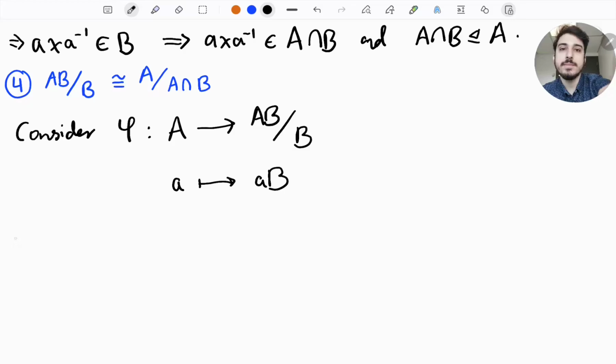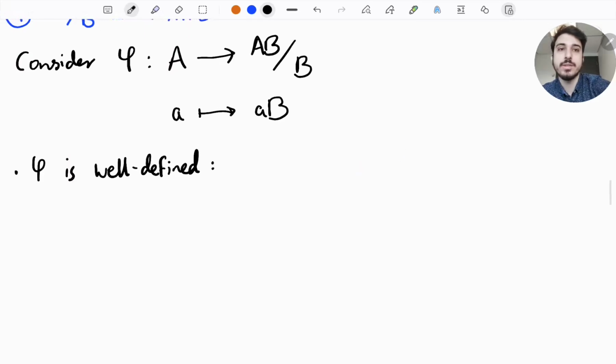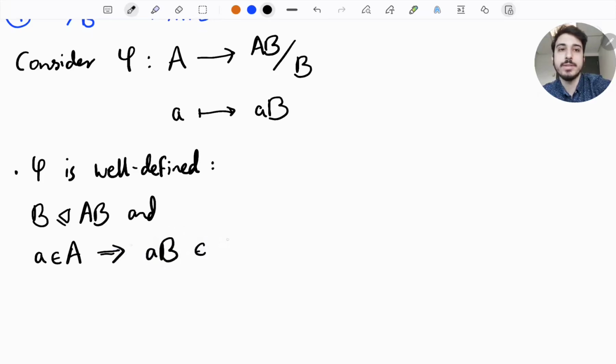Now, phi is well defined. This is very obvious because B is a normal subgroup of AB, and we have that a is in A, implying that the coset aB is an element in AB/B.